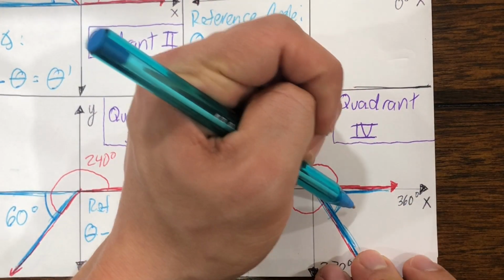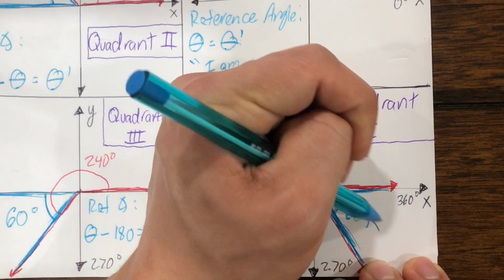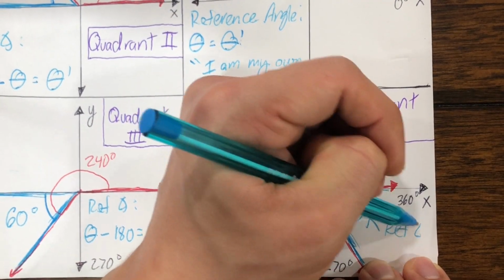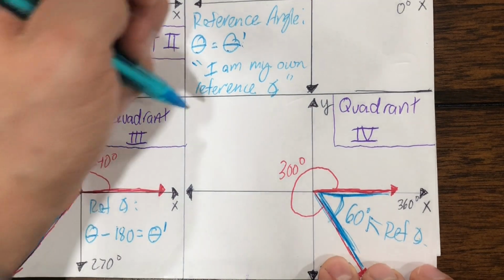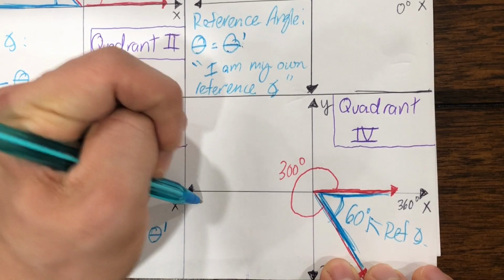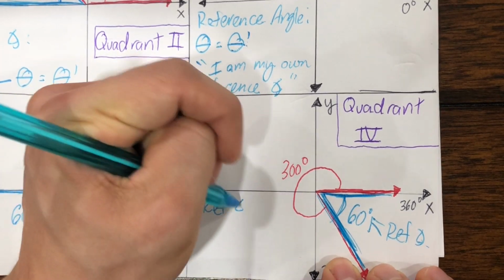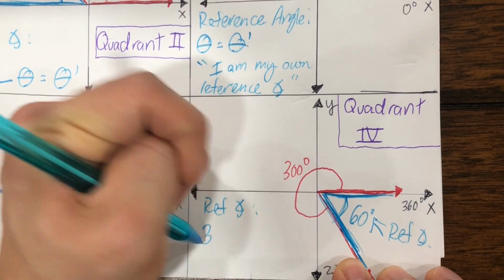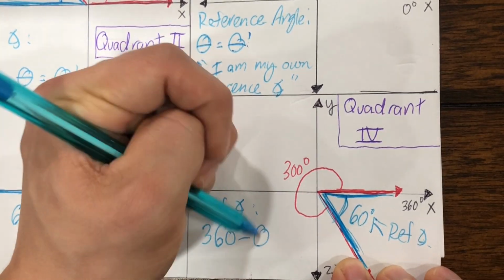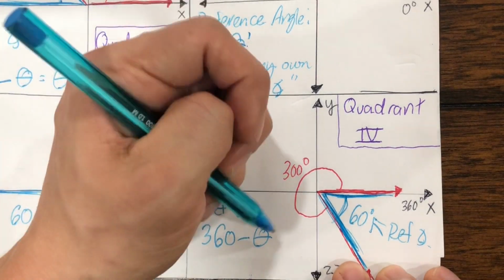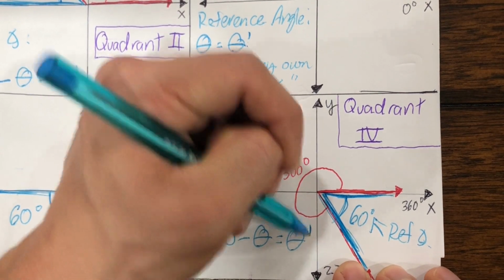So my reference angle over here is 60 degrees. Now to figure out my reference angle in the fourth quadrant, all I need to do is take 360 and subtract the given theta, the given angle measurement, and I get my reference angle.